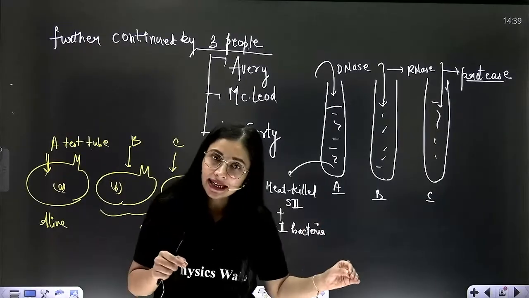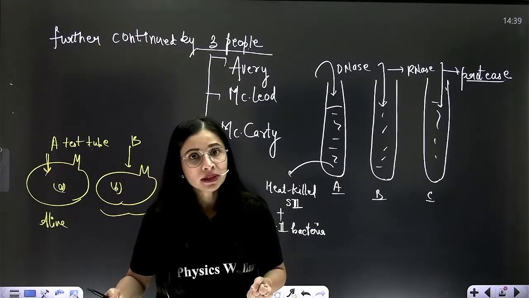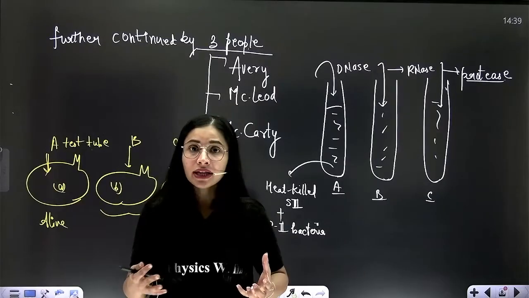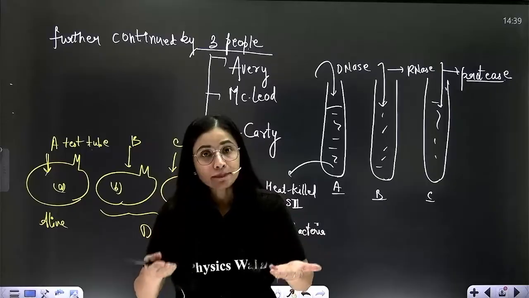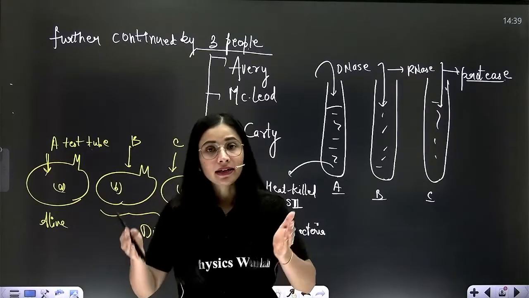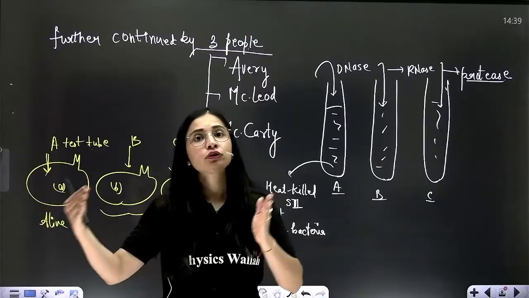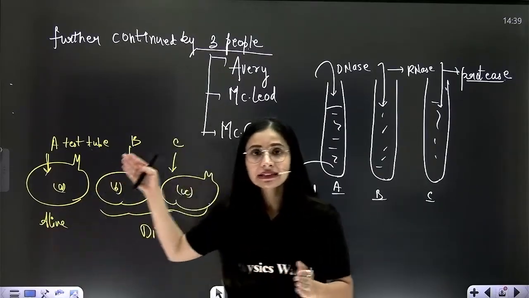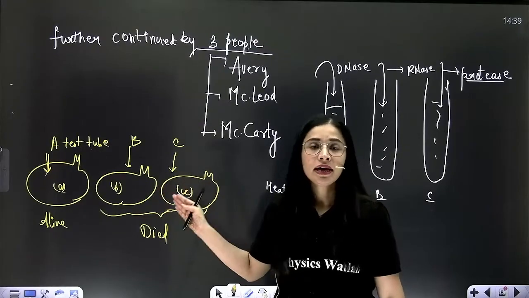R2 will get the opportunity to pick up that DNA from the medium. With the help of that DNA, it will synthesize protein. It will make the capsule around it. And now it will change its nature from non-virulent to virulent. As a result, the mice will develop the disease and hence it will die.